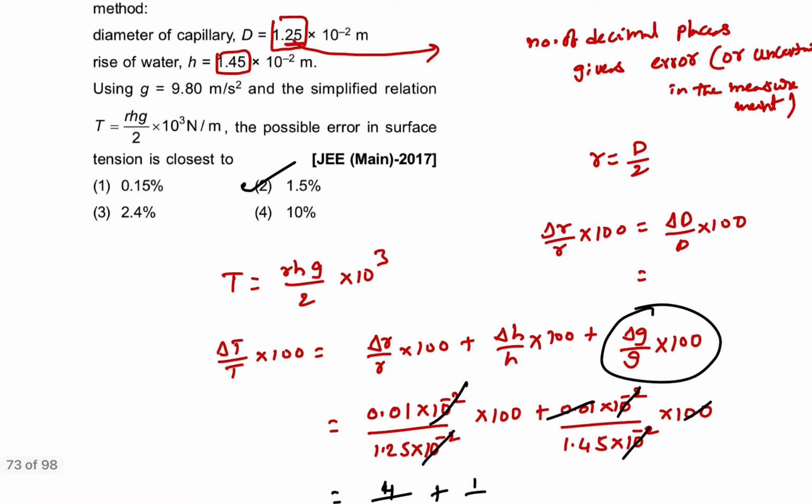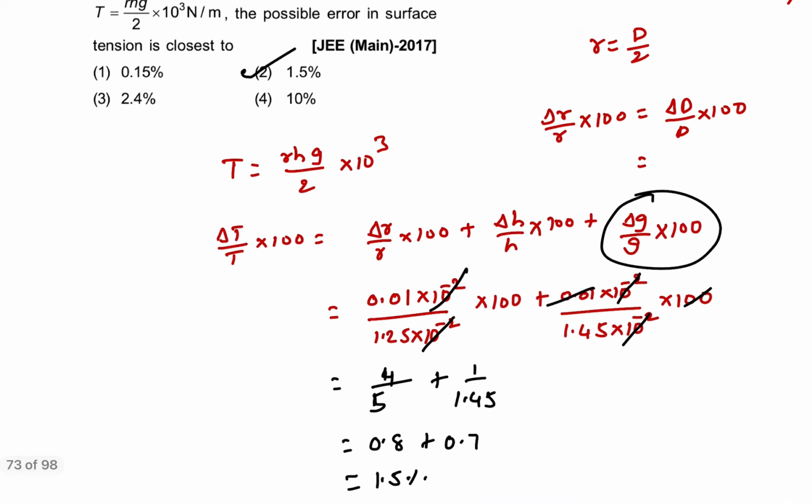Approximately you get 1.5 percent. Here delta g by g has no error, so you can write the second option.